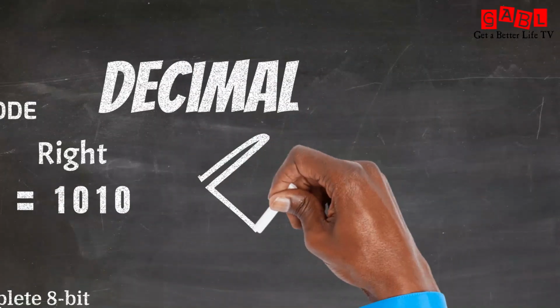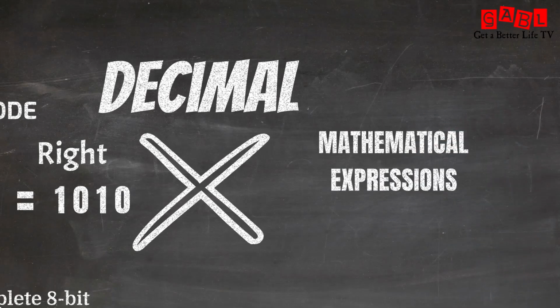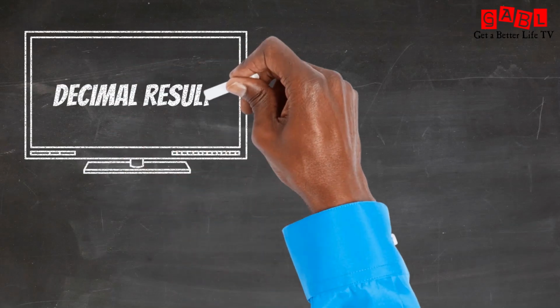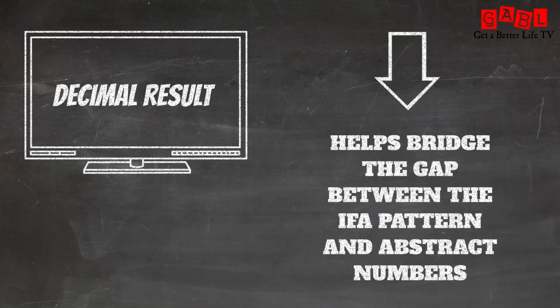So, you may be wondering what the decimal as a result of these mathematical expressions means. First of all, understanding what the decimal result means helps bridge the gap between the Ifa pattern and the abstract numbers.